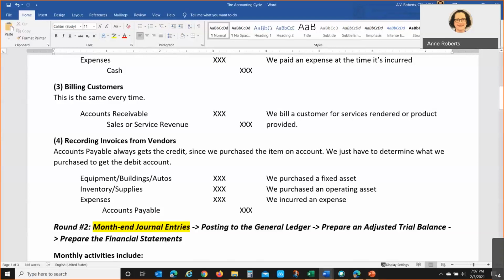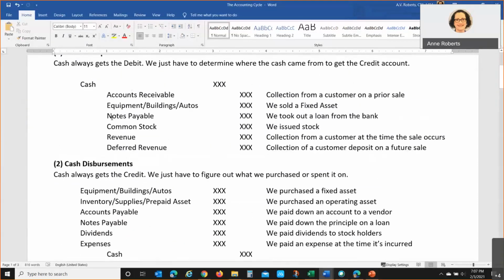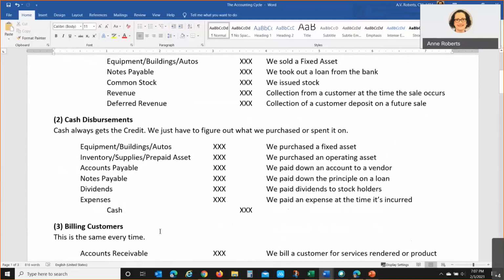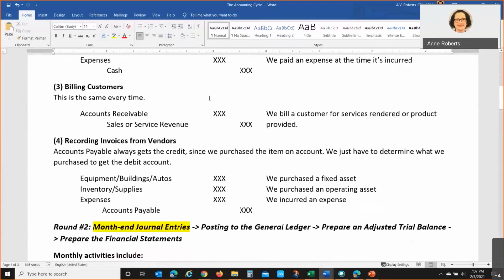But is everybody good with round 1? We're collecting cash. What happened that we turned something into cash? Here, we paid out cash. What did we buy? What was that cash disbursement for? Here, we're interacting with customers, and we're billing them for services that we have provided to them on account.